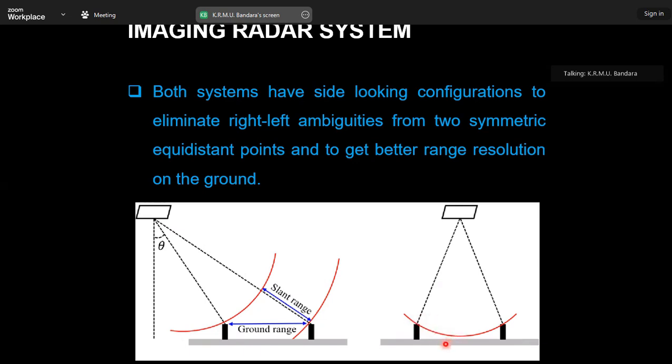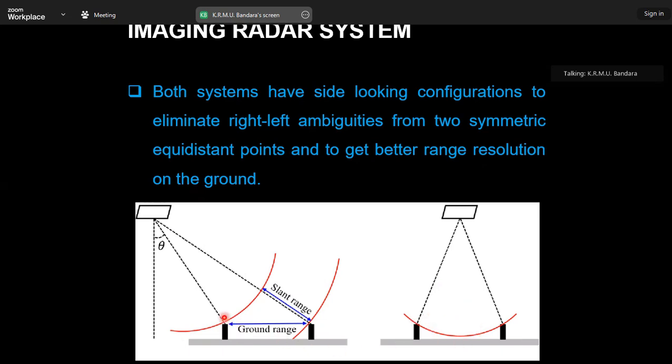Therefore, all return signals in this area come together, so the pixel size is very large. In this case, if you are using the radar system, left-right ambiguity should be avoided, and the range resolution would be very poor. It should be fine resolution.